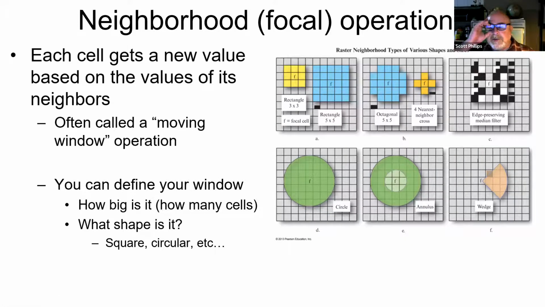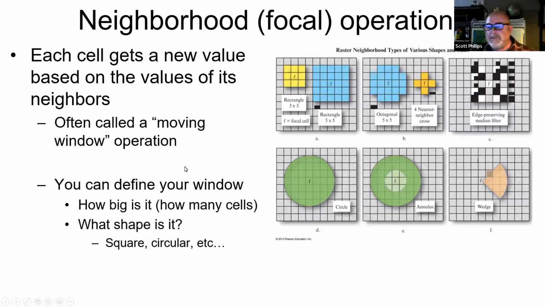And when you're doing this, you can define different types of windows. You can have a square window, rectangle, or rectangle of different sizes, octagons, nearest cross, so that you're using only the 4 connecting cells. And you can use a circle, which kind of uses information from anything that's within the circle.